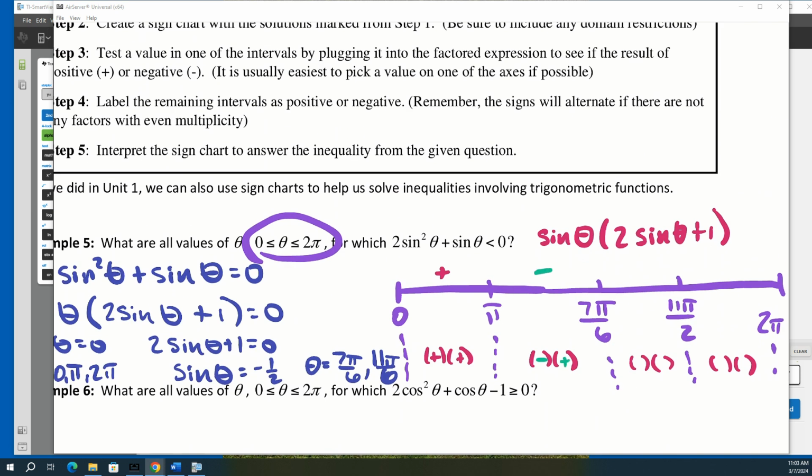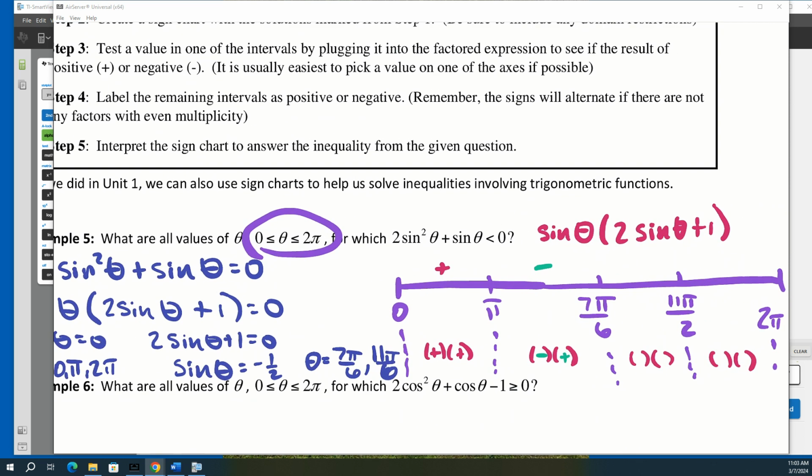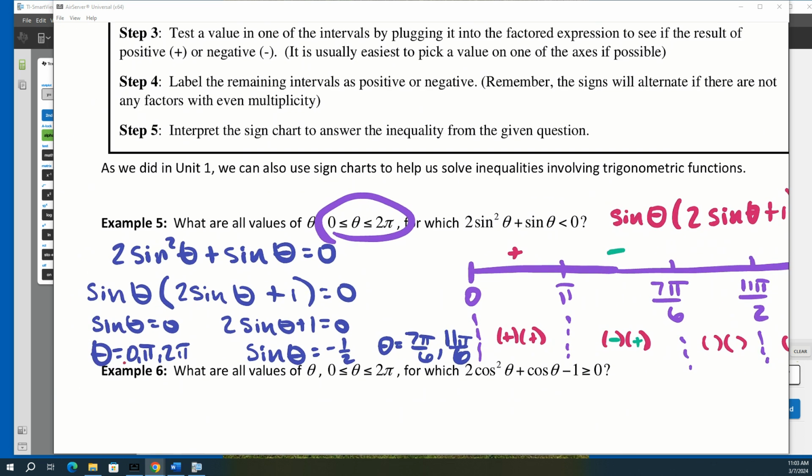So that's negative. Oh, I forgot to do something that was kind of important. Let's just pause for a second. Sorry. I need to go back to the numbers I got right here for my theta. I need to label them with either an open or a closed circle. What do you guys think it's going to be? If this was our original inequality, open or closed circles?